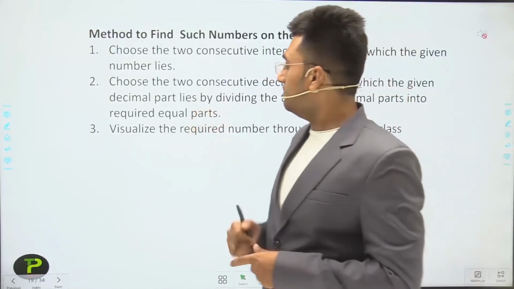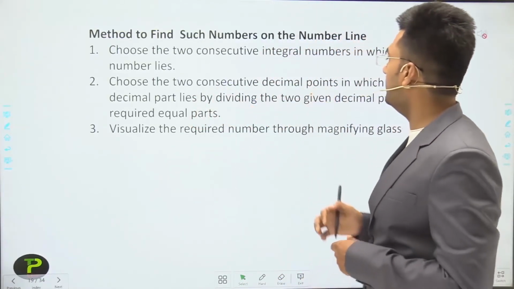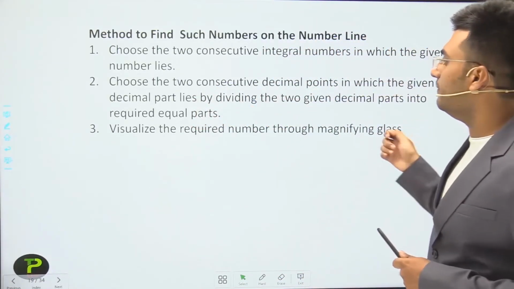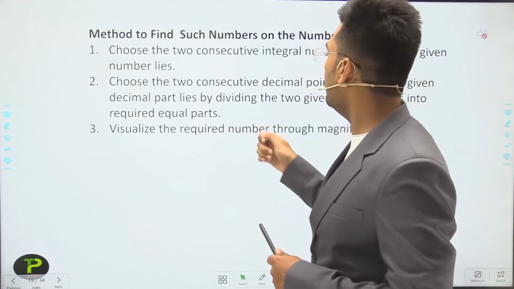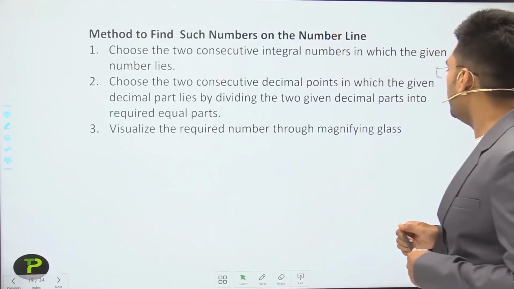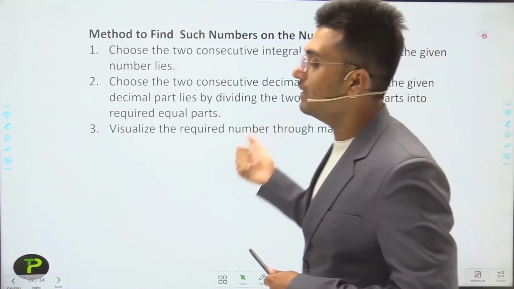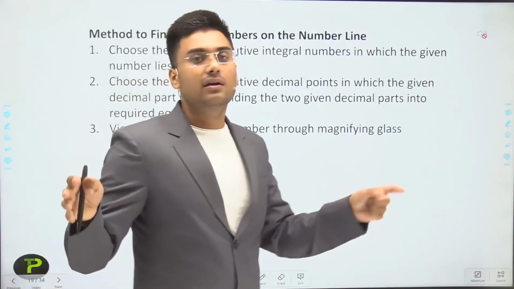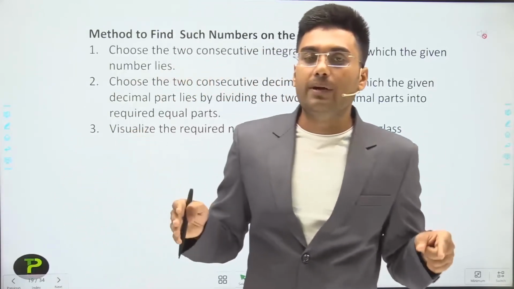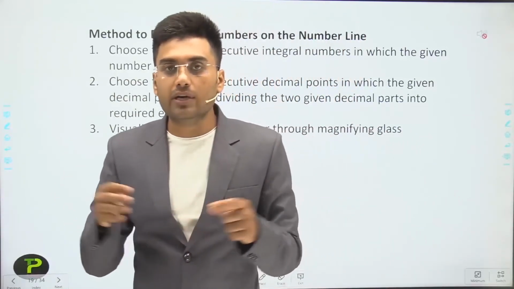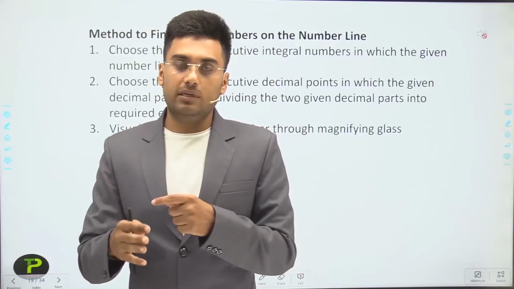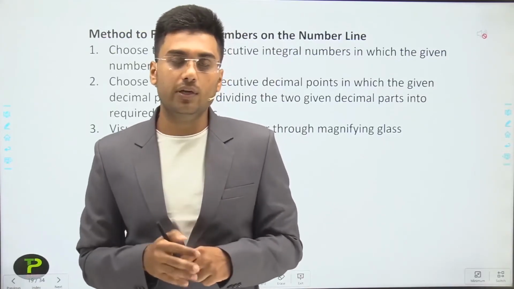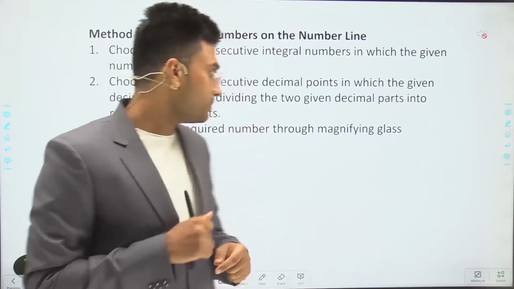The next step is to choose two consecutive decimal points in which the given decimal part lies by dividing the two given decimal parts into the required equal parts. As I already discussed, you have to divide that part into 10 equal parts. Then if you require more division, you have to subdivide the part. Okay, and this process goes on.